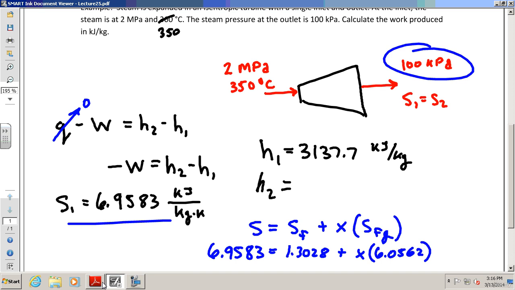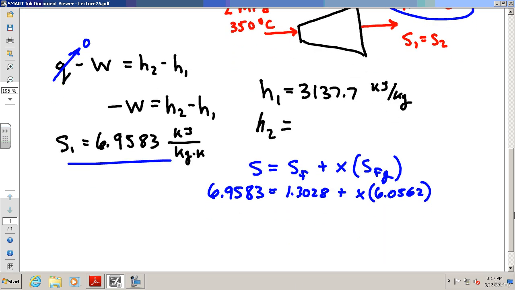To save time, let me do the calculation fast. 6.9583 minus 1.3028, divide by 6.0562. You get a quality X of 0.93.